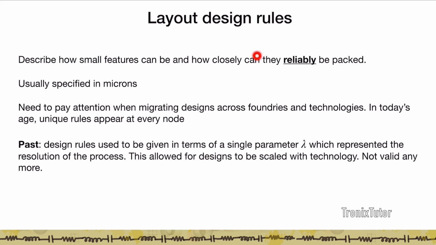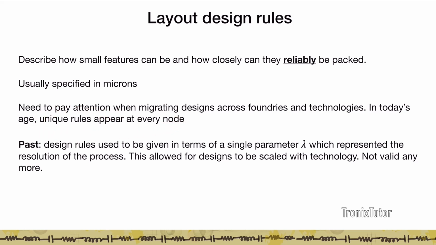This is normally delivered by the foundry that has designed the technology. Normally, these features are specified in microns, and you need to pay attention, especially when you're migrating designs across foundries or technologies, because every new node has unique rules that come in.